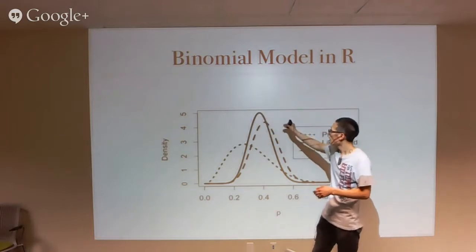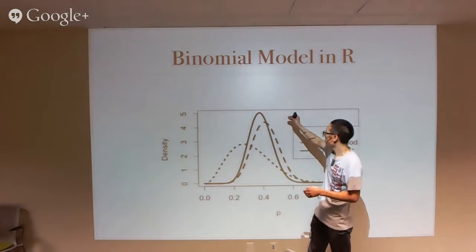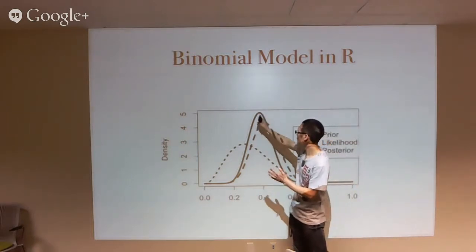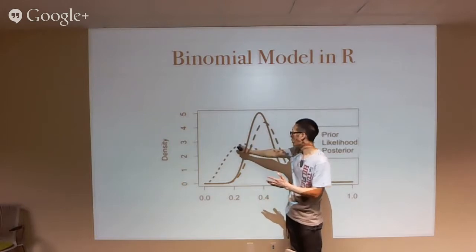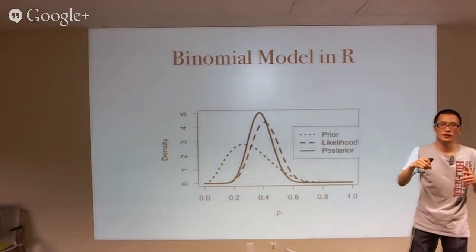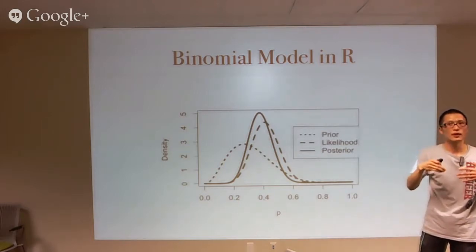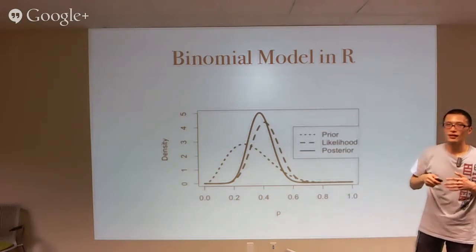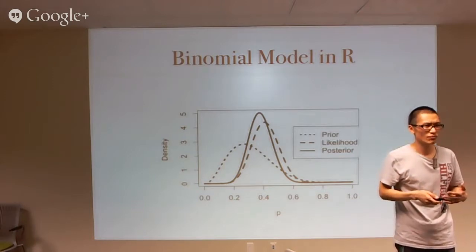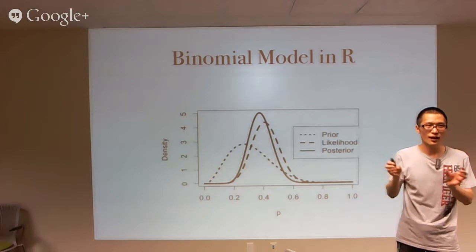You can see that the posterior distribution is actually in the middle of the prior distribution and the likelihood distribution. Sometimes we call this, I forgot this word, a compromise between the prior and the likelihood.